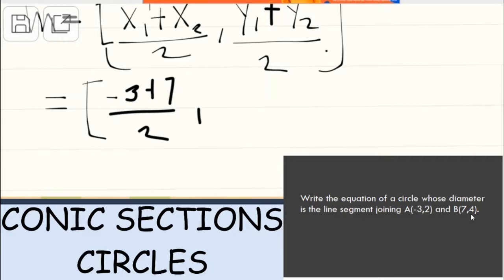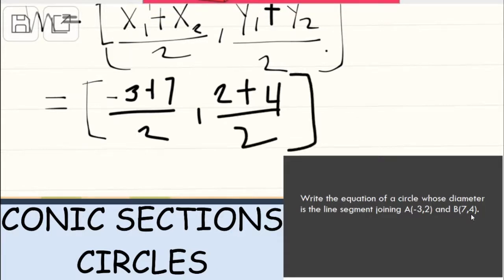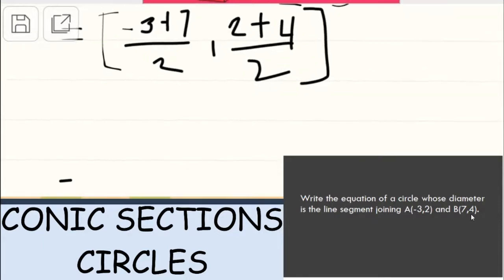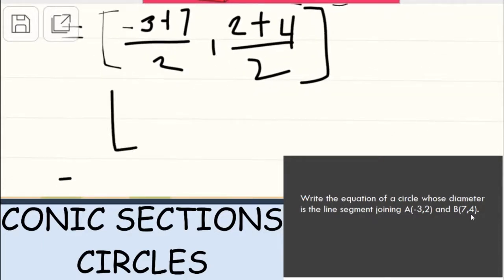Then y sub 1 will be 2 plus y sub 2 is 4, divided by 2. Then simplify. We got negative 3 plus 7 is 4, divided by 2 is 2. And 2 plus 4 is 6, divided by 2 is 3. So that's why our center, or H and K, will be 2 and 3.